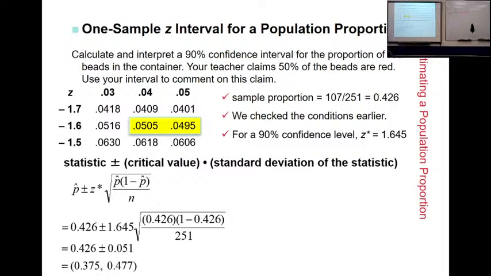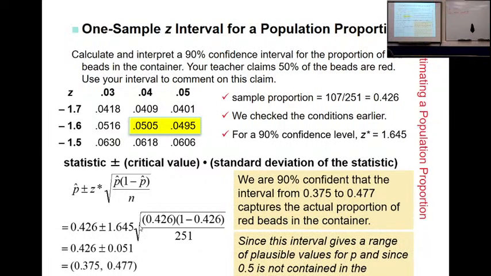So we're 90% confident that the proportion of the beads that were red falls between these two numbers. So these are my plausible values that I think could be the actual proportion. Does that include 0.5? No. So what do we think about that claim? Well, maybe it's not the case.